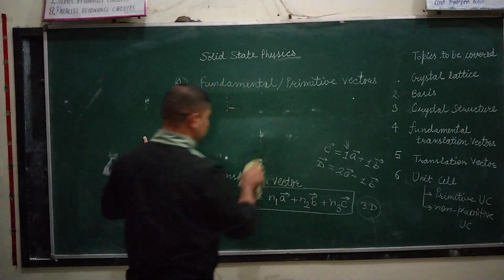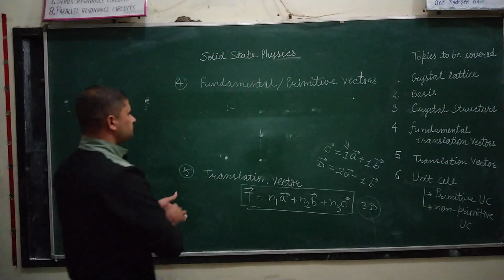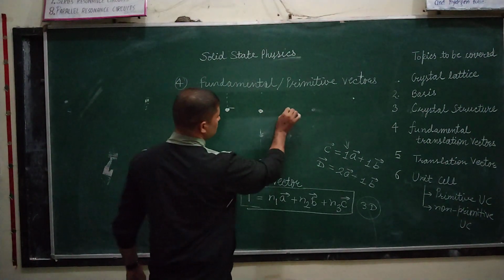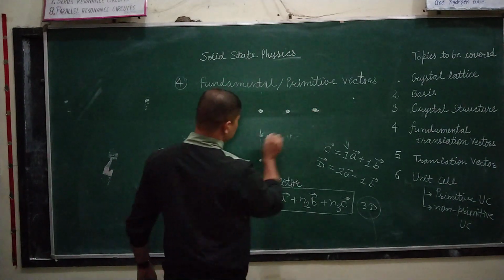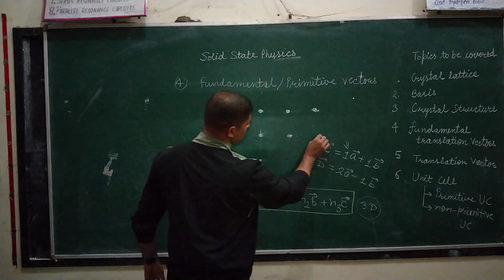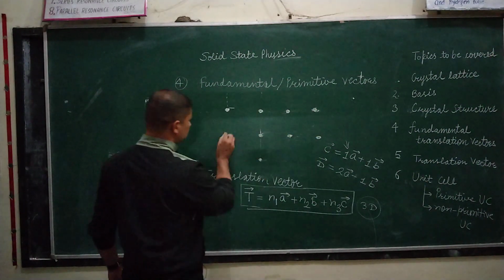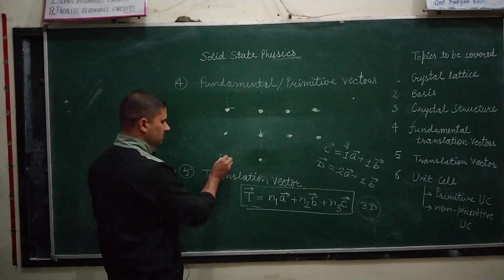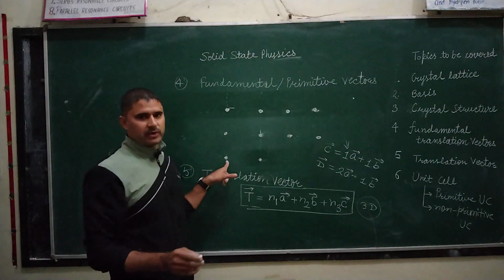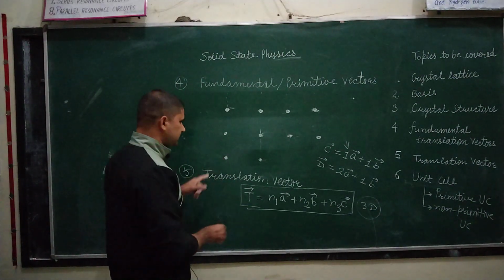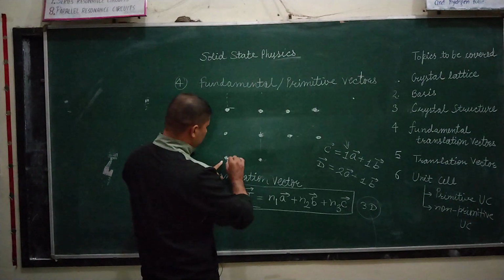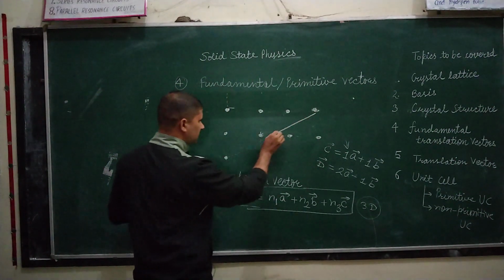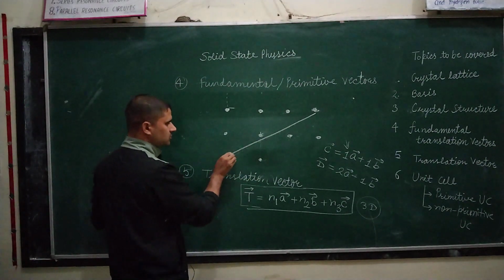Class, this is the same lattice arrangement. We have a particle here, and I am taking this lattice point to be the origin, let us say, and we have a translation vector corresponding to this point.